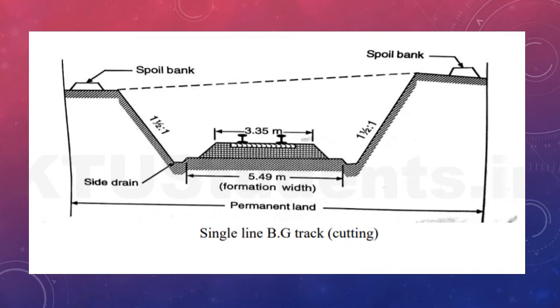But in general this is below the normal ground surface. So you should be familiar with these three types of track systems, and we will discuss in detail the geometric design of these track systems in the next module.